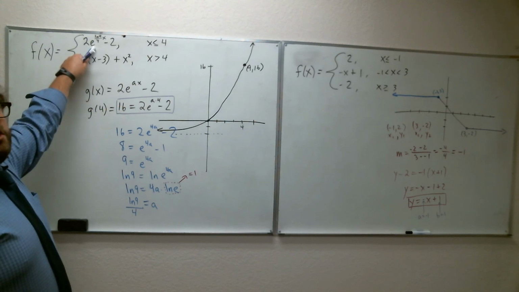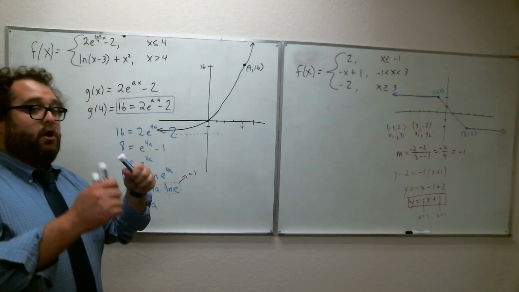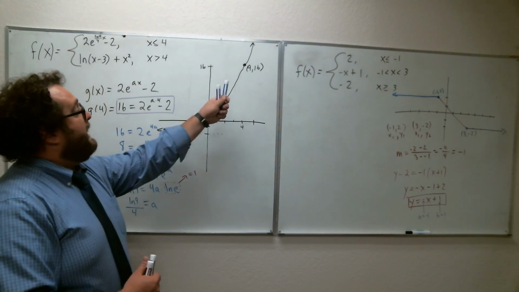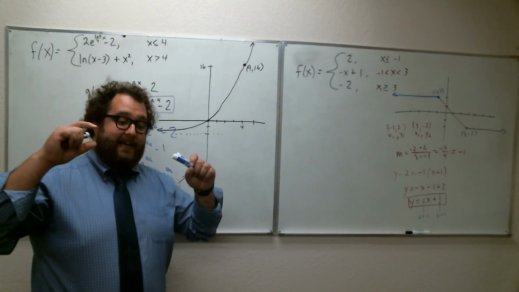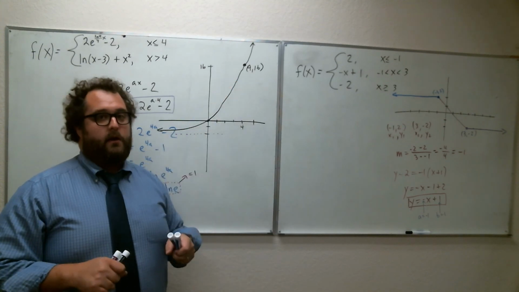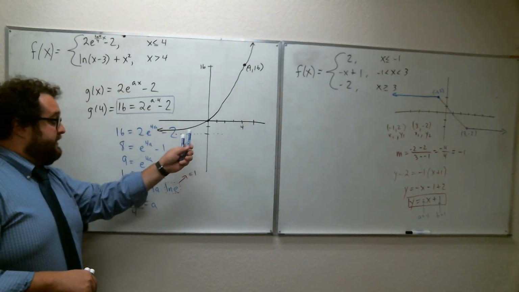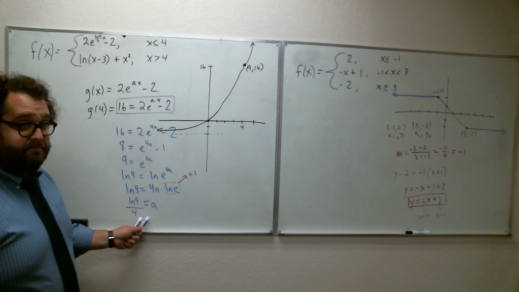Exponentials are continuous over their entire domain of real numbers, so this is continuous. The only thing we weren't sure about was that point where they were going to connect. We had to ensure they connected at that single point and there wasn't a gap or a hole there, and we have successfully done that by ensuring the correct value of a.